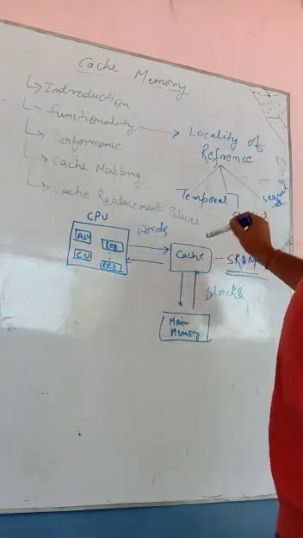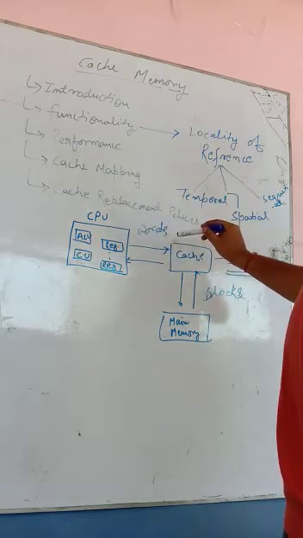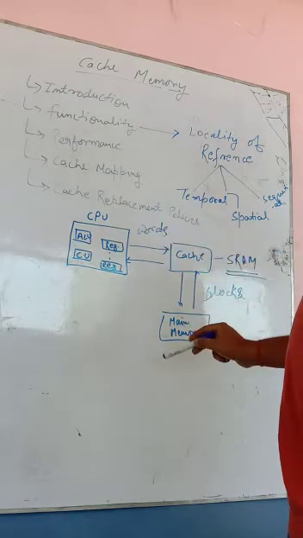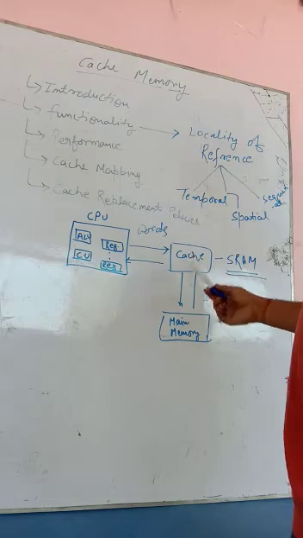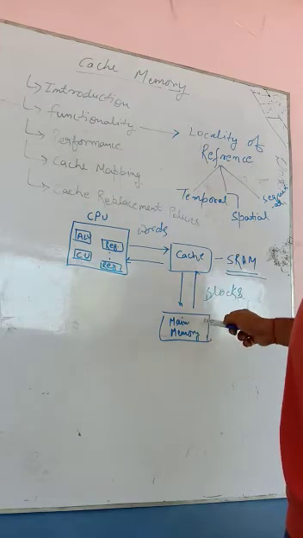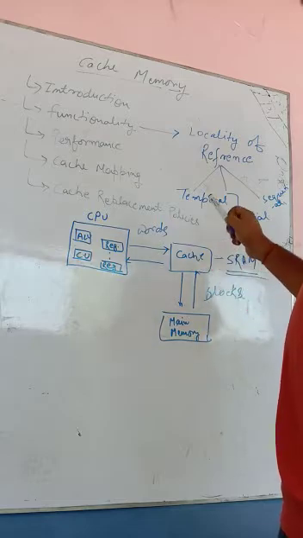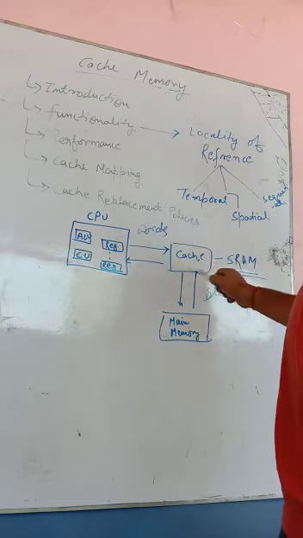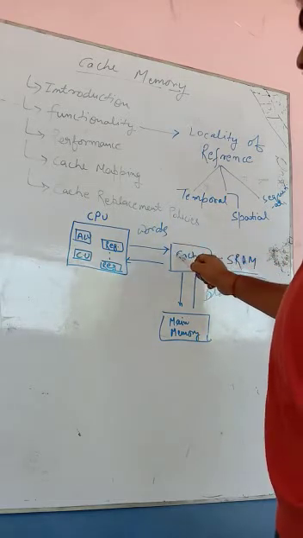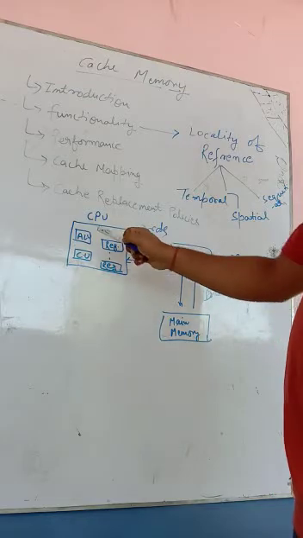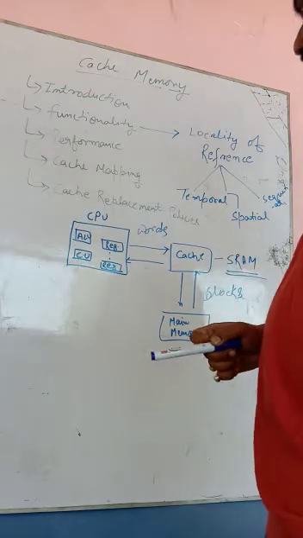But when that data is not found inside the cache memory and the CPU requests to retrieve the data from the main memory, then the main memory transfers the complete block to the cache memory, and from that particular block, the specific words are transferred to the central processing unit.